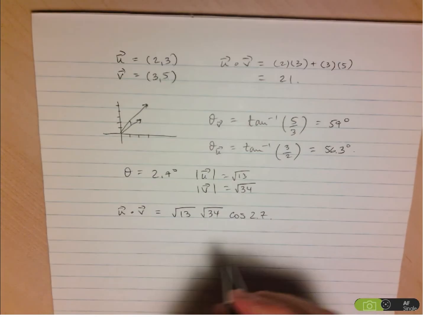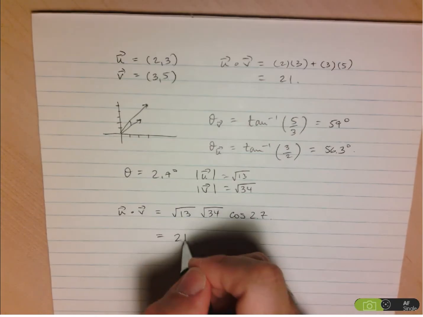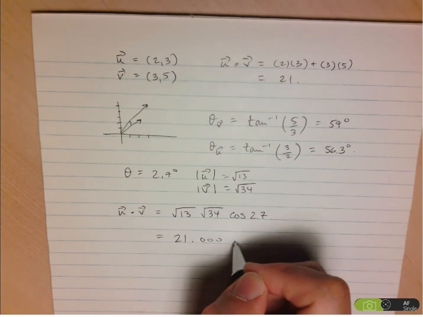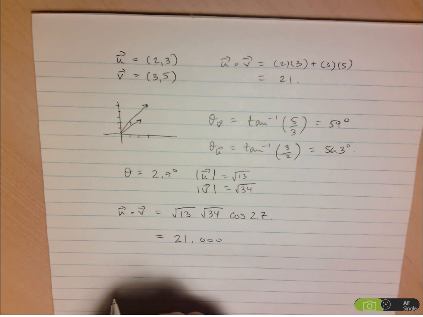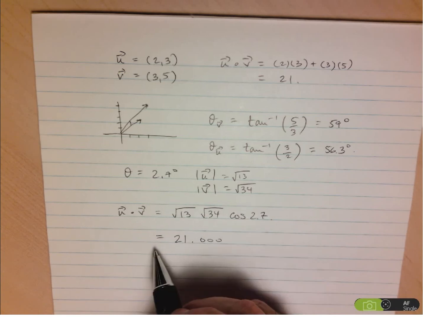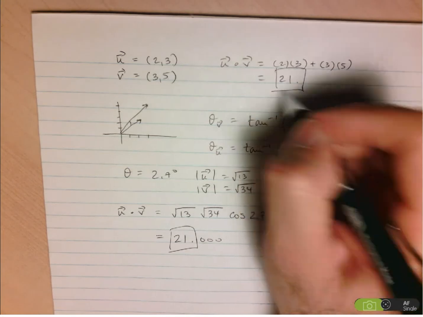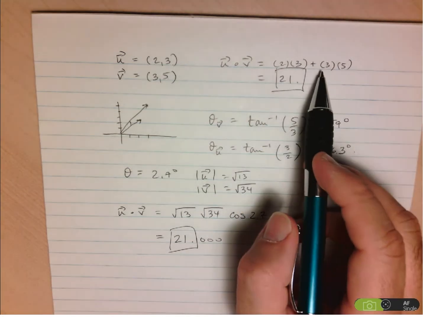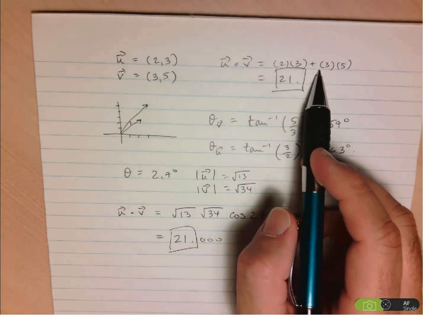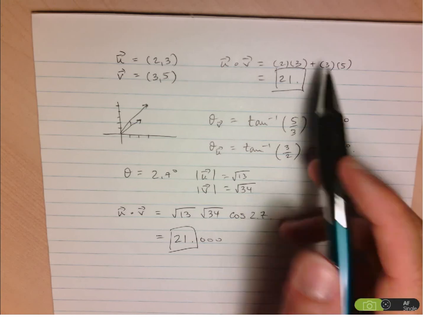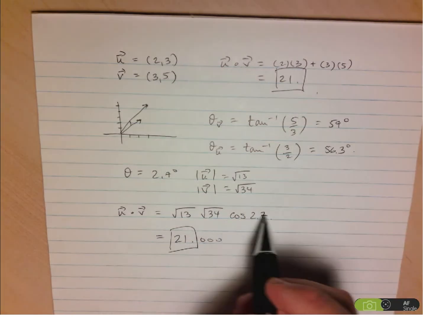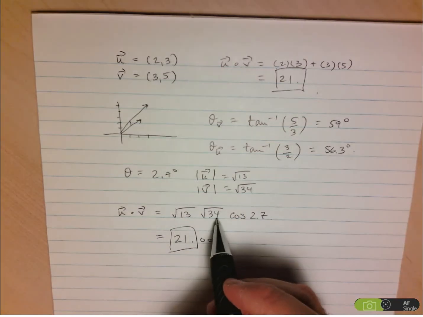And if you stick that into your calculator, you'll get 21.000. You have a few zeros before you actually get to a number. So given that we made some approximations here, we see that we get the same result whether we use our very simple algebraic definition of the dot product or what we call the geometric definition of the dot product.